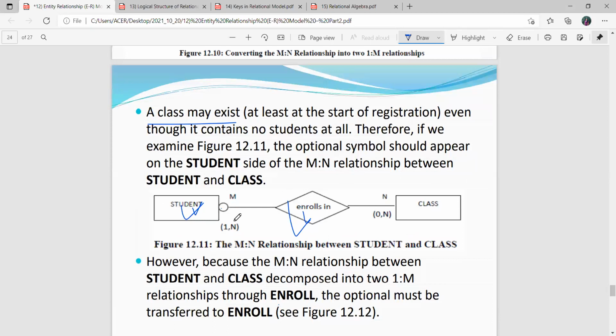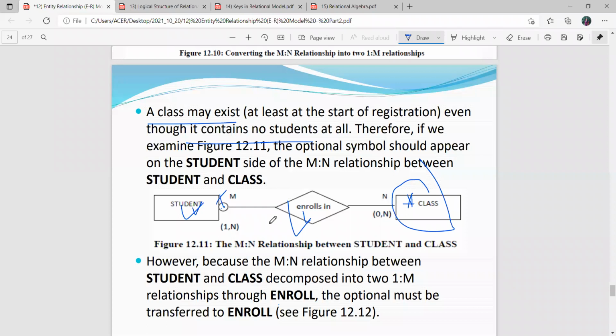In this case, you can see a class may exist even though it contains no students. So when we consider the class entity, this is optional. It can have students or cannot have a student.